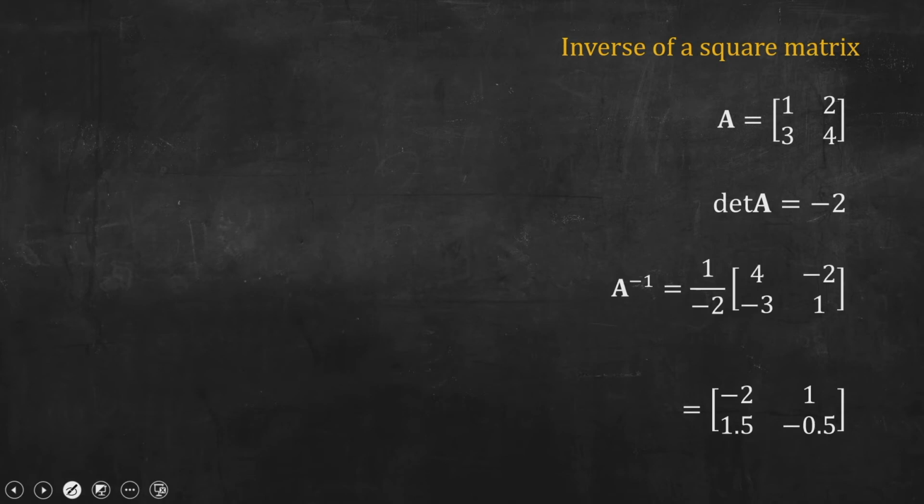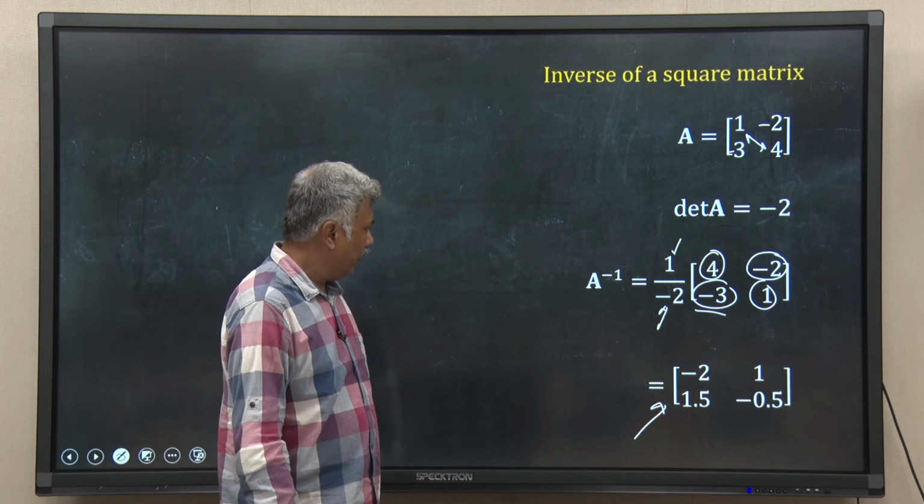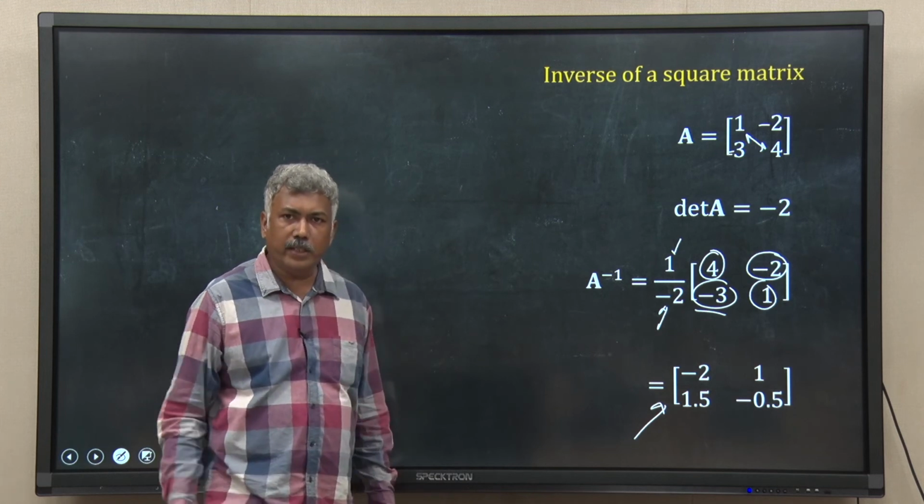Now, I calculate the inverse of that matrix A. So, 1 divided by determinant into, now 1 and 4 will swap their positions. So, 4 is here, 1 is here, and I will put minus in front of these two, so I get minus 2 and minus 3 here. Do the multiplication and I get the matrix minus 2, 1, 1.5, minus 0.5. So, this is the inverse of the given matrix A.